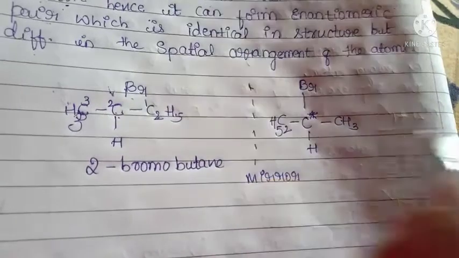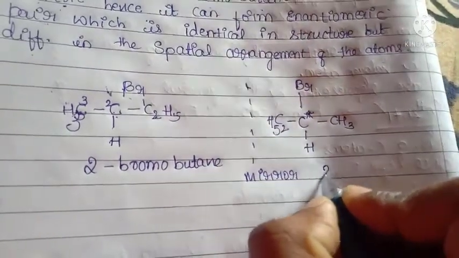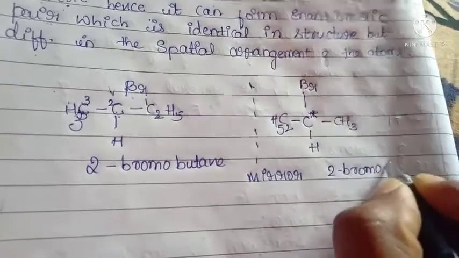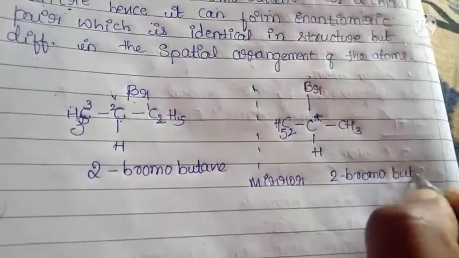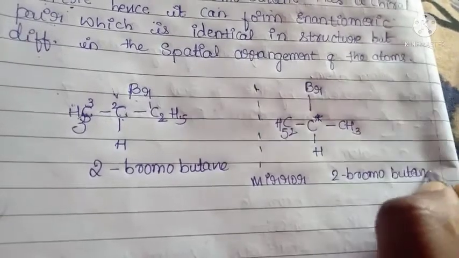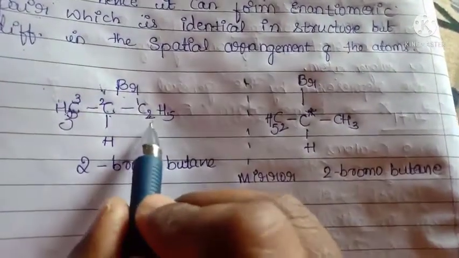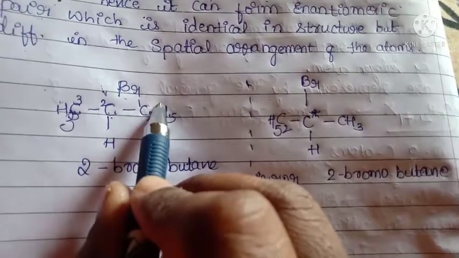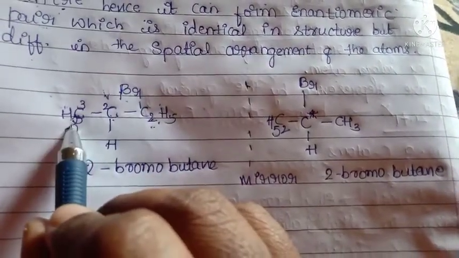Okay, this is also 2-bromobutane, but there are changes only in the methyl group and the ethyl group, because when we look at it in the mirror, this should be at the left side and this will be at the right side.